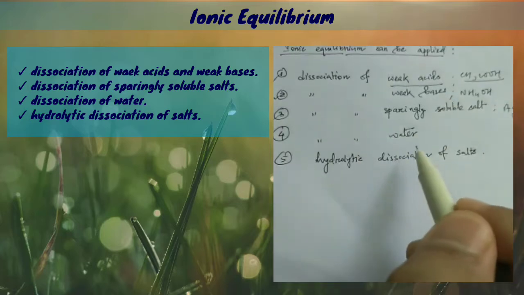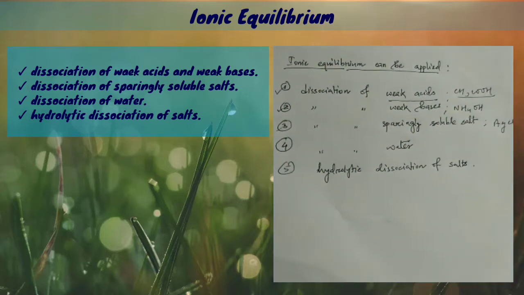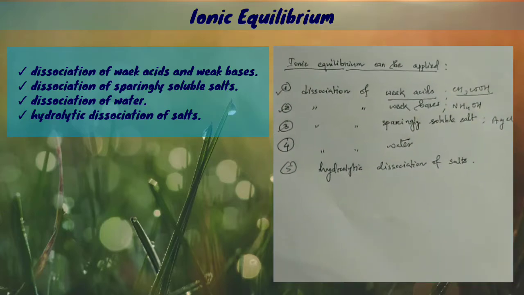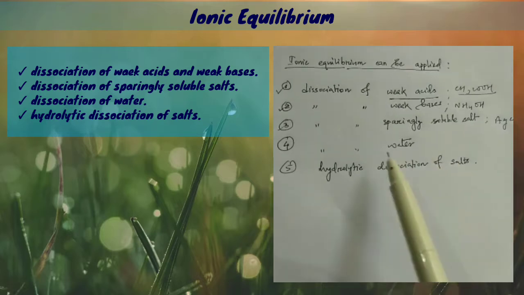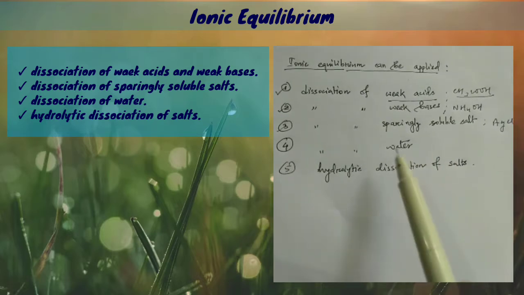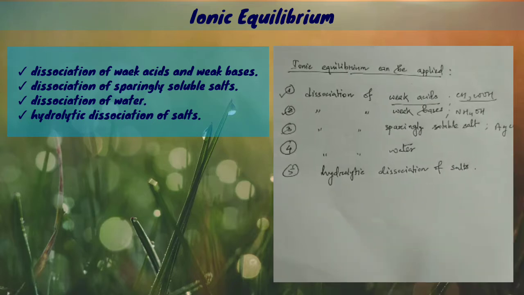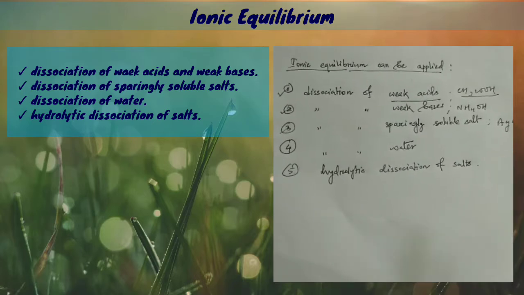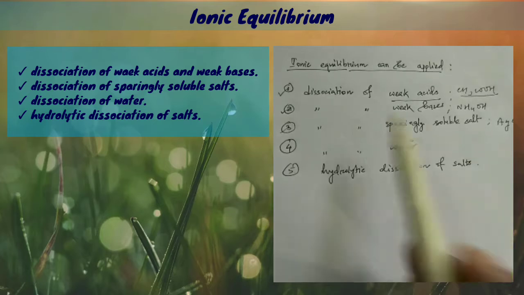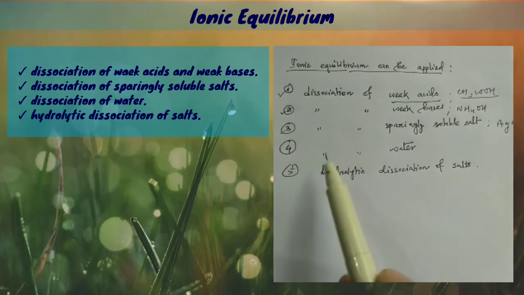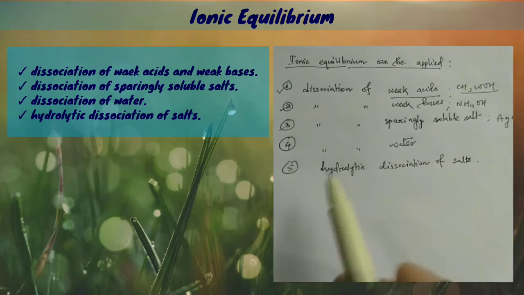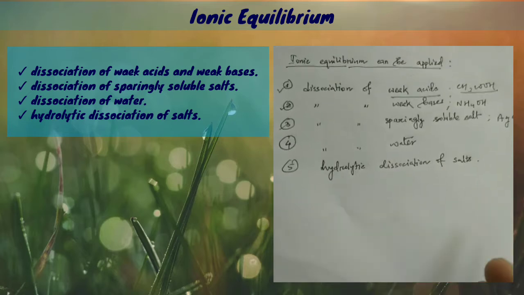Water can also dissociate into ions, H positive and OH negative. This process involves ions, so we can use the term ionic equilibrium in the dissociation of water, and also in the hydrolytic dissociation of some salts.